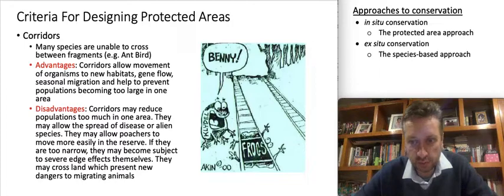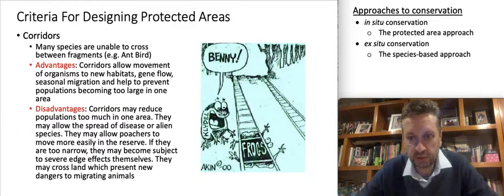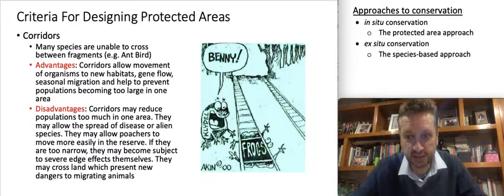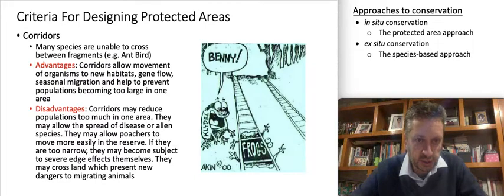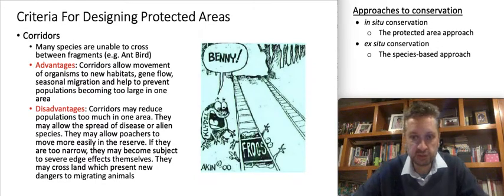They allow gene flow, which is very important in protecting a population against, well, basically against endangerment because of increase of deleterious genes and lack of variation. It can allow seasonal migrations, and it can help to basically make populations of certain animals more equitable.